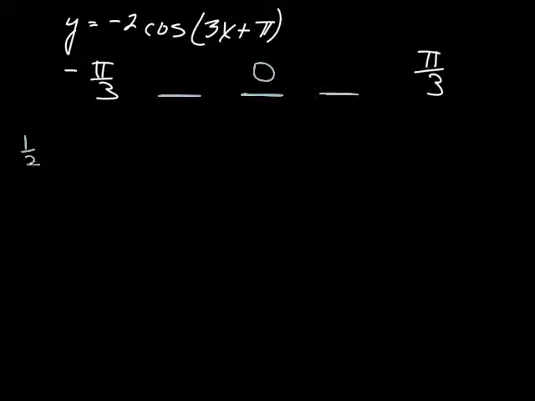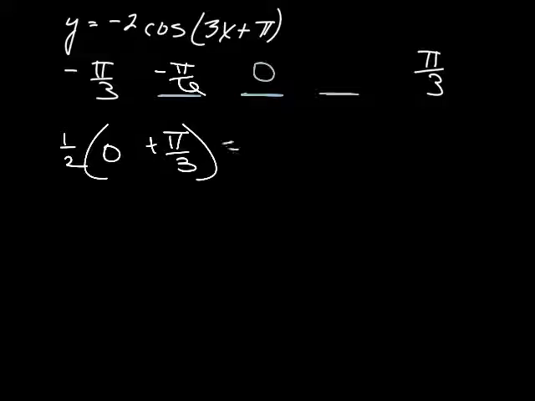So that'll be 1/2 of negative pi over 3 plus 0, which is negative pi over 6. Now we're going to find the halfway there. So the halfway there is 1/2 of 0 plus pi over 3, which equals 1/2 times pi over 3, which equals pi over 6. So we're going to put pi over 6 in here.